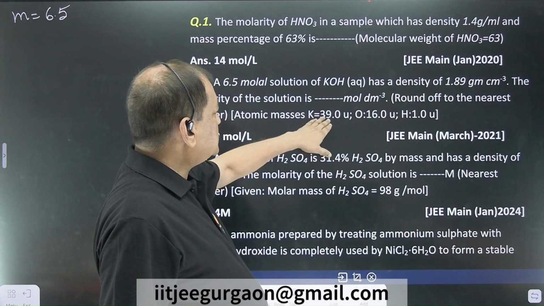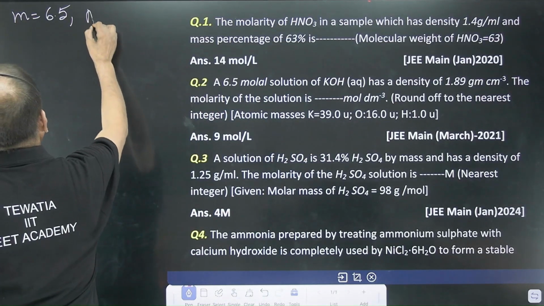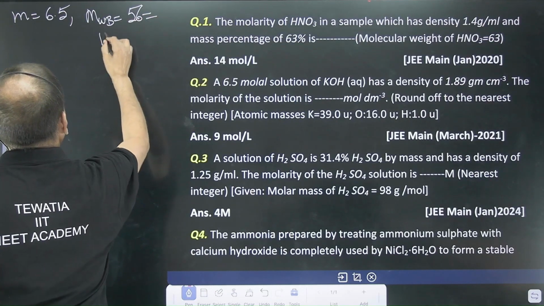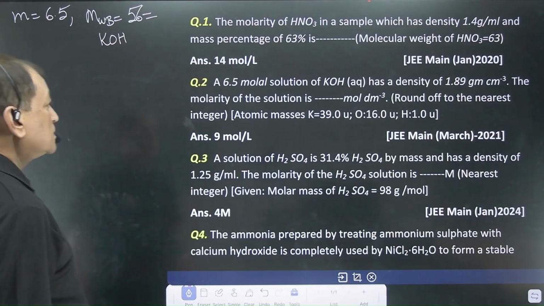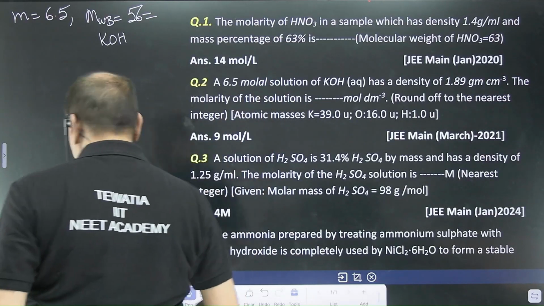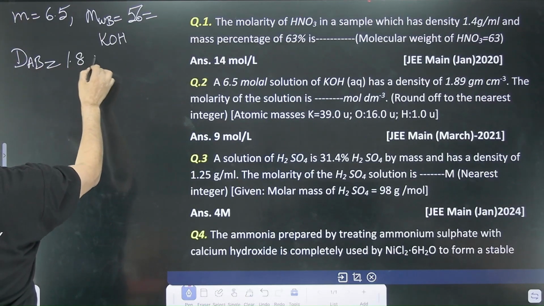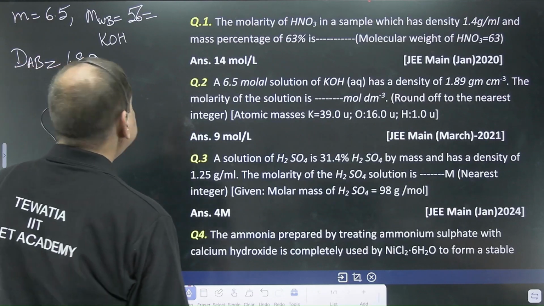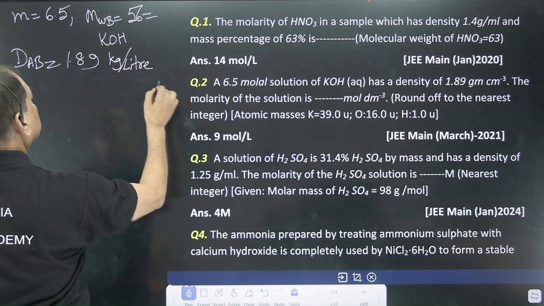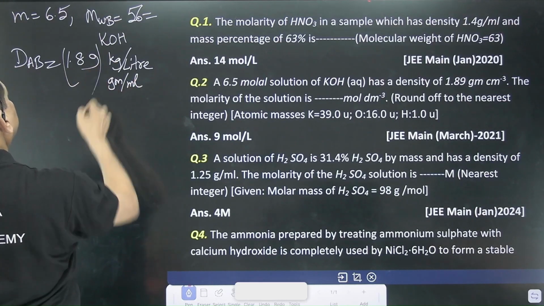K molecular weight is 39 plus 16 plus 1, so MWB is 56 for KOH. Solution density is given, DAB, 1.89 kg per liter or gram per ml. Numerical value remains the same.